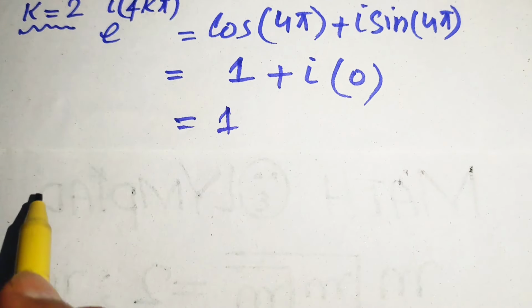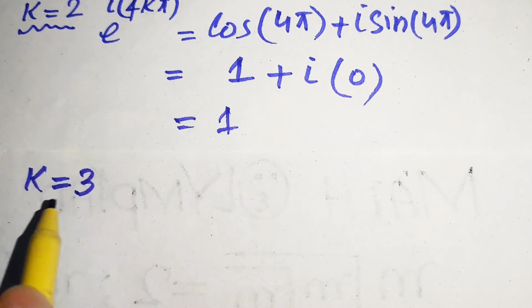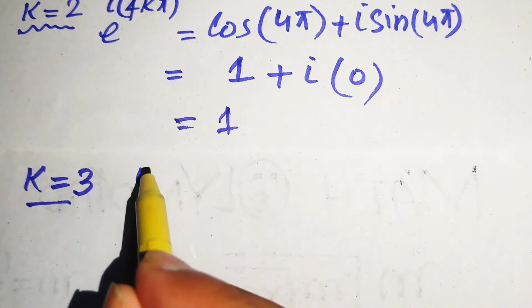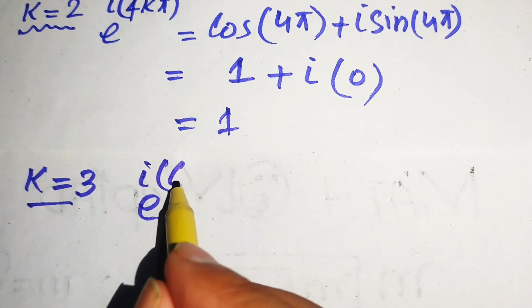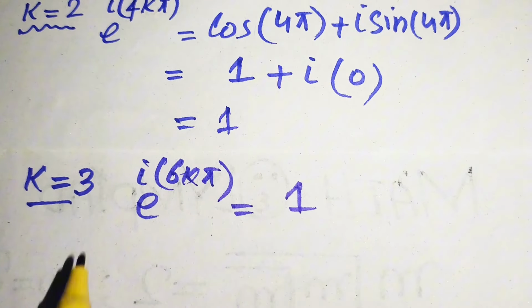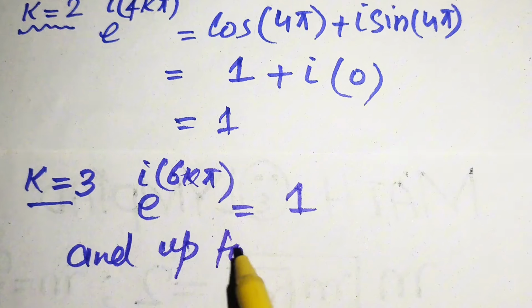Similarly, we check the behavior of the given identity for k equals 3. When we substitute k equals 3, it gives us e to the power of iota into 6k pi, which is also equal to 1, and so on.